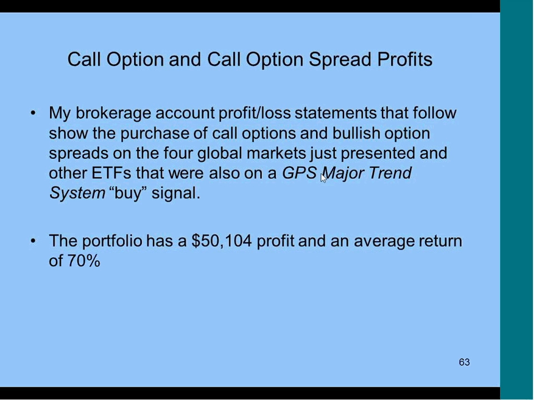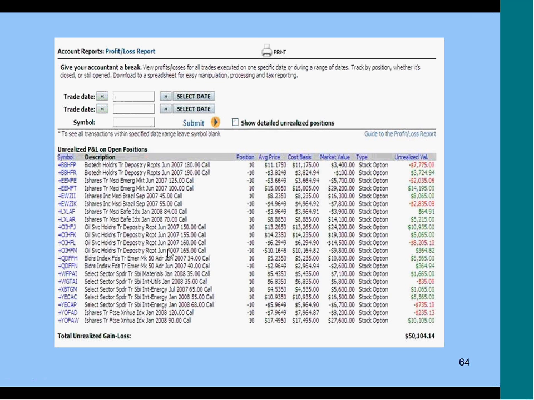This portfolio had a $50,000 profit and an average return of 70%. So again, I purchased these options and option spreads based on the major trend buy signal that I had at the time. These are just examples of option trades I took using the major trend system.